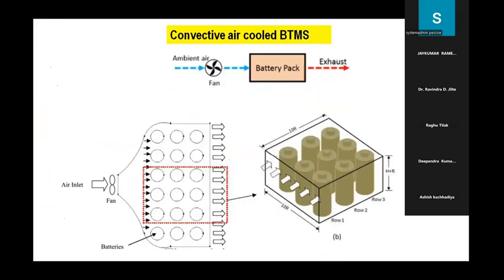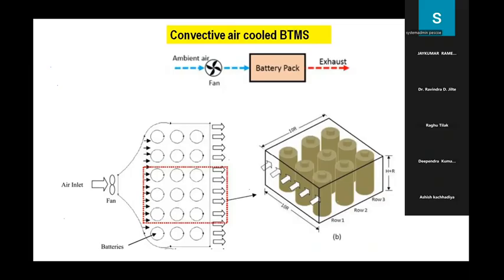If you look at this particular diagram, in a battery pack, you will have so many batteries. For example, I can arrange the batteries in this fashion, an inline arrangement of the batteries. Now, when you carry out research on a battery pack, you have the option of choosing a part or one subsystem of the battery.